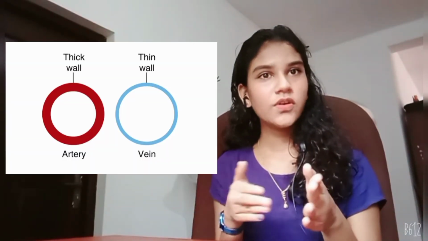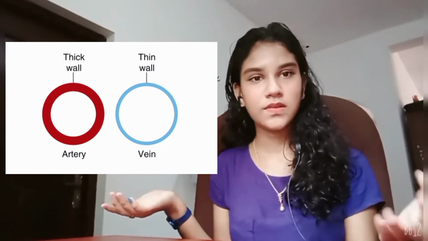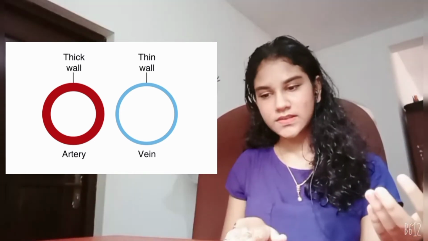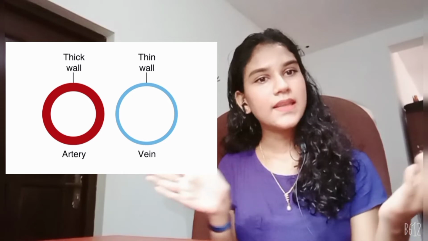So what is the reason for this? The artery is normally thick and elastic because arteries are the ones that take the blood away from the heart, pumped by the heart.